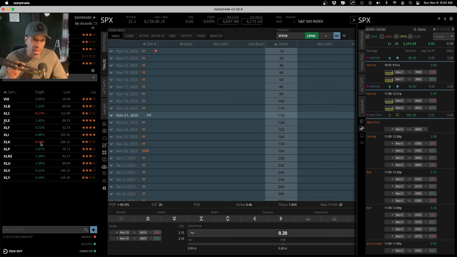Because I'm looking for that point of inflection where the market is going to stop, base out, and find a level of support, or at least an area of support. Because when you're selling the credit spread, you don't have to be accurate about the area in which the market is going to base out or potentially reverse in direction, if you're following me.